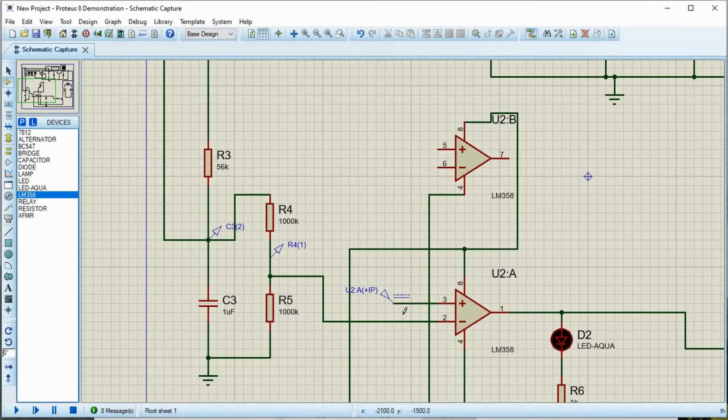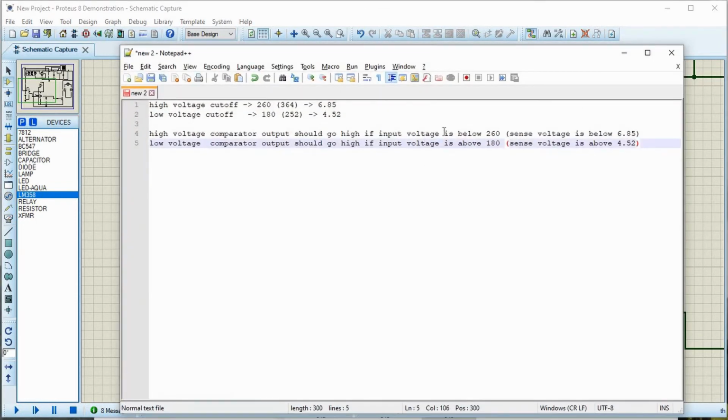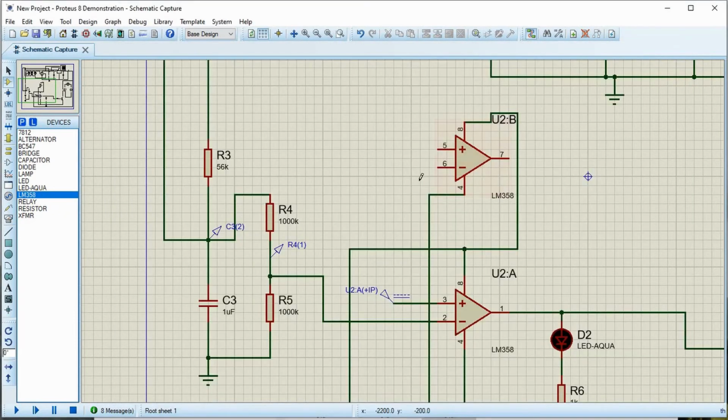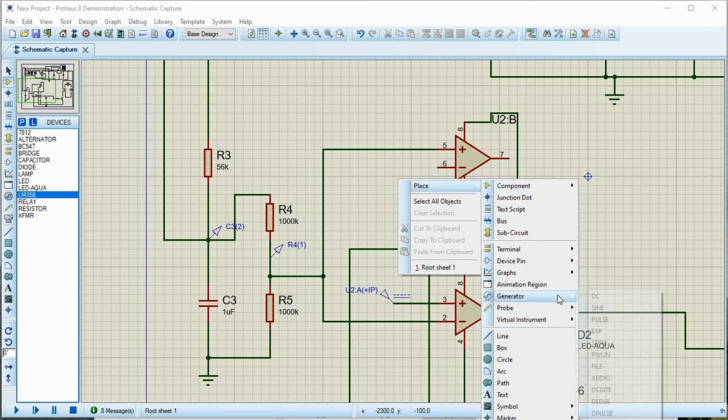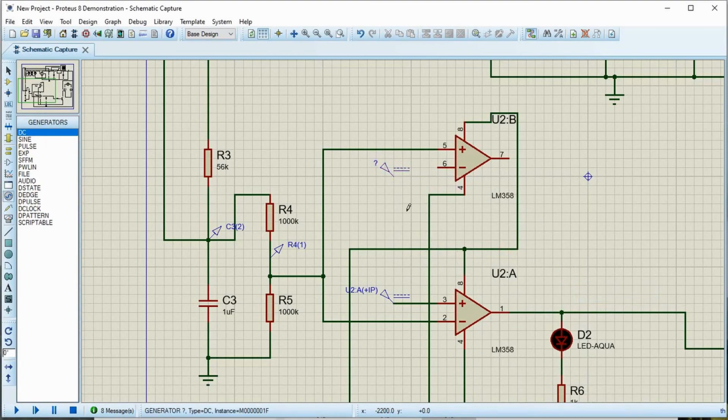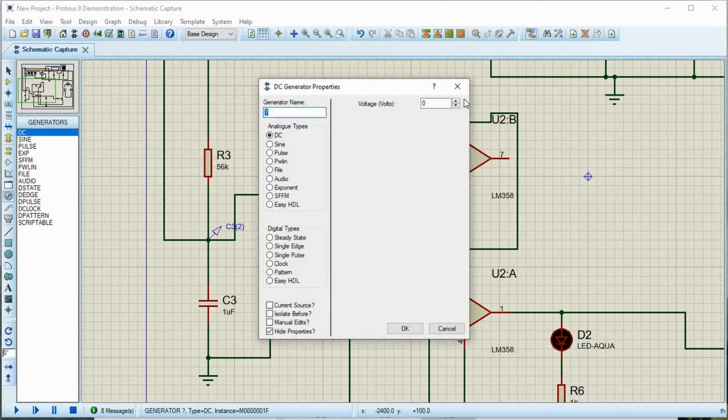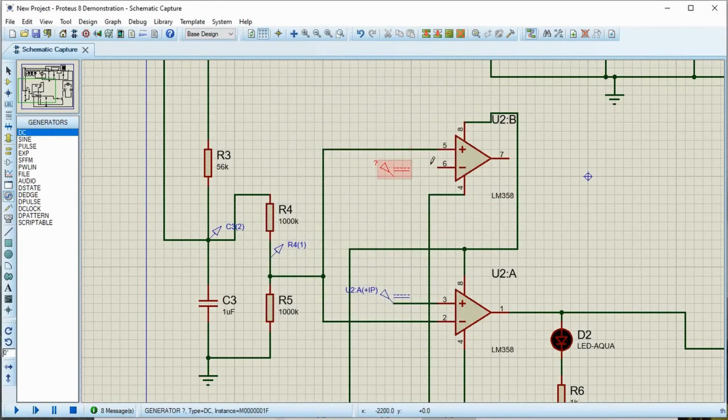Here one is going high below 260 and this one is going high above 180. So there's a flip in the logic. So here it should go to the positive and I have to give the reference to the negative. Generator VDC, I have to set it to 4.52. I'll set the reference.